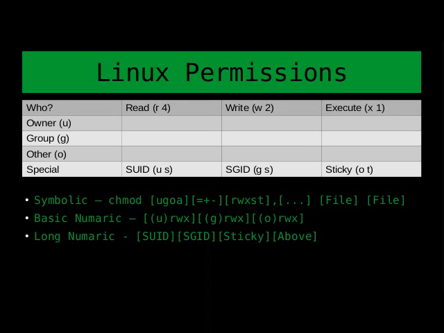Now a file has about 4 attributes that are important for this. The file name, the owner, and a group. You don't have a list of groups. There's one group for that file.